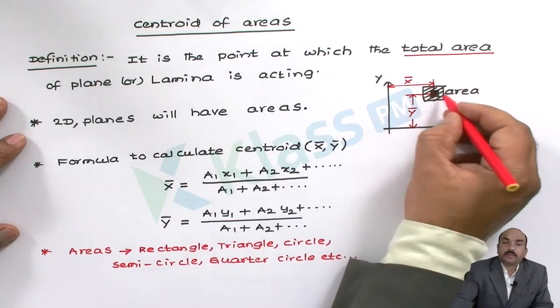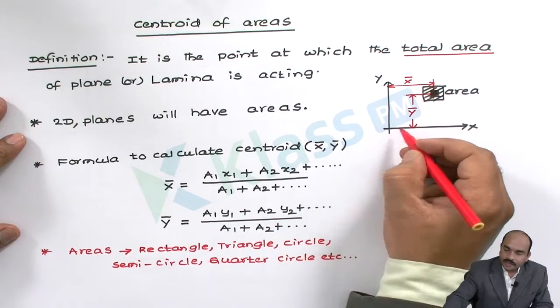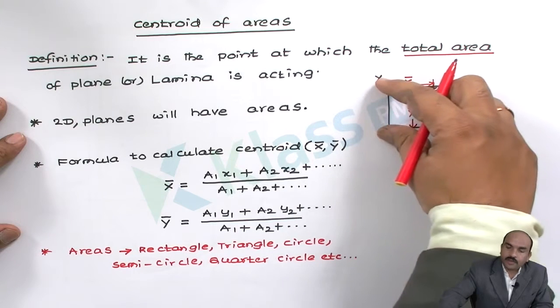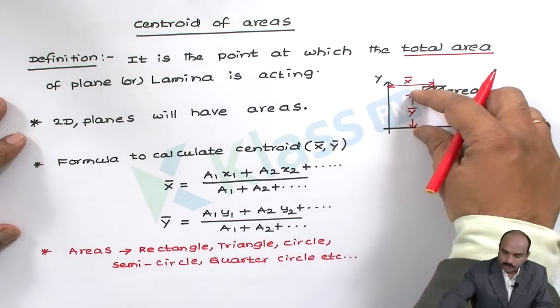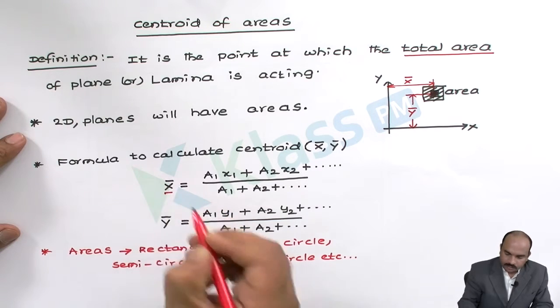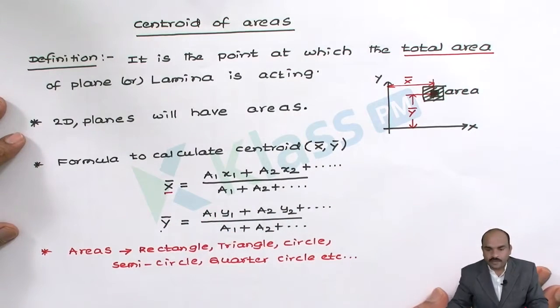Let us take some area, up to the center of this area parallel to the x-axis, this distance is x bar. Then from the center of this area parallel to the y-axis, this is y bar. Now these are the formulas for x bar and y bar. So using these two relations we can calculate x bar, y bar.